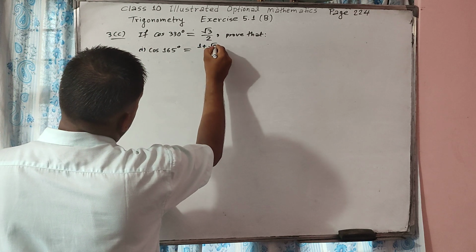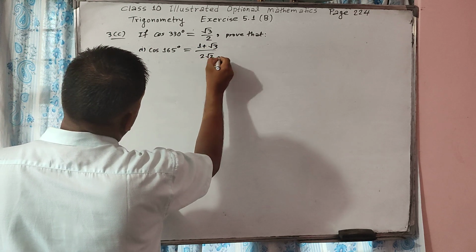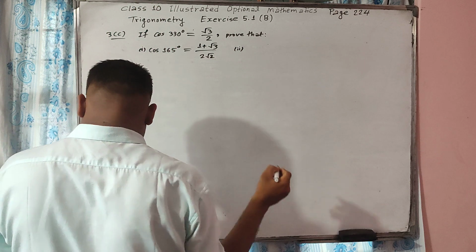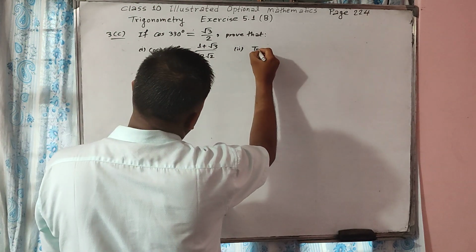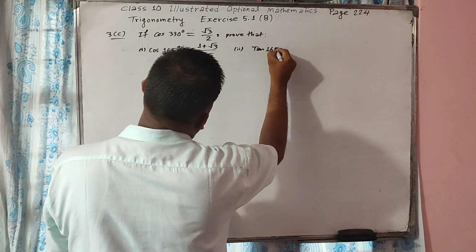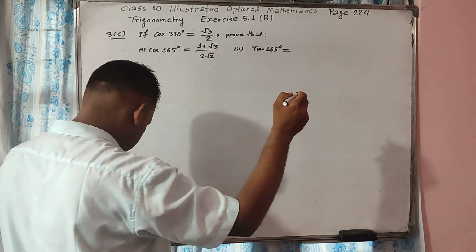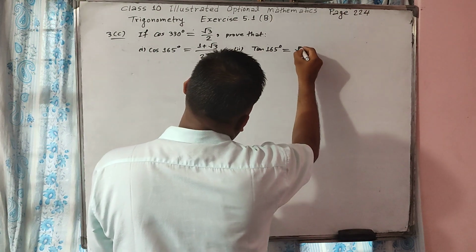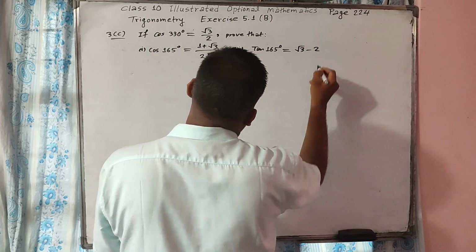Number 2, tan 165 degree equal to root 3 minus 2.